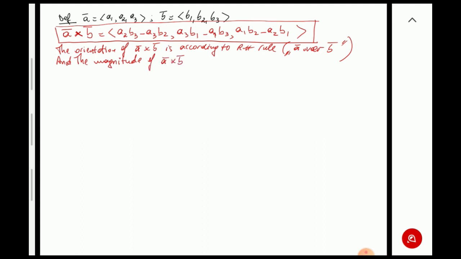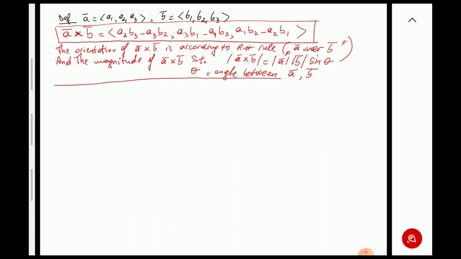Once you establish the orientation, you can choose any magnitude you want for that orientation perpendicular to A and B. But we choose the magnitude such that the magnitude of A cross B is equal to the magnitude of A times the magnitude of B times sine of theta, where theta is the angle between A and B. Why is the magnitude chosen this way? Because it's the most practical one for many applications, as you'll see in a moment when we go over some examples.